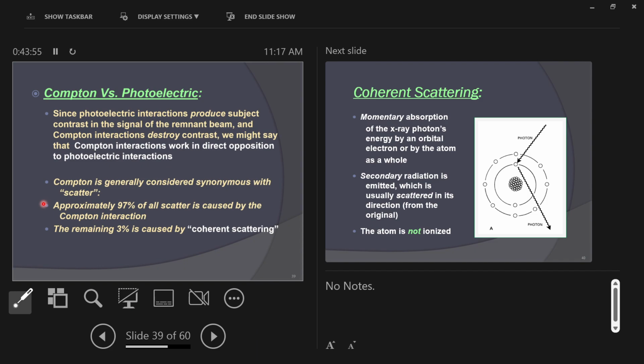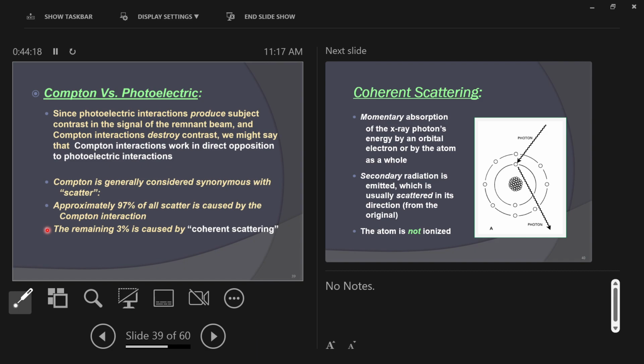The rest of the scattering events come from this next one that we're going to talk about called coherent scatter. So when you're asked on a test or quiz, what type of interaction produces most scatter radiation, noise on the image? It's Compton interactions. 97% come from Compton interactions.